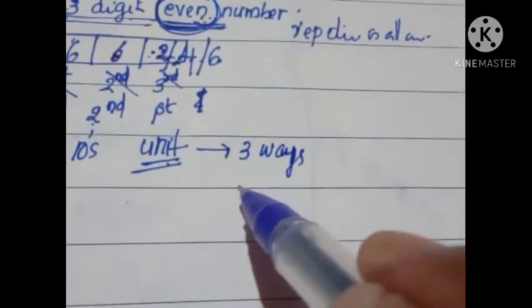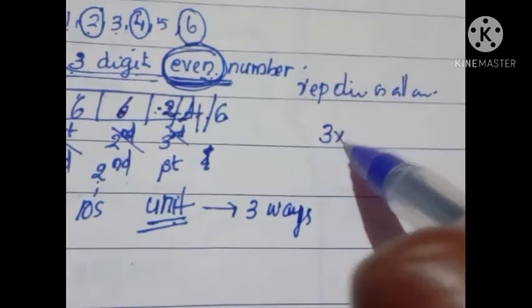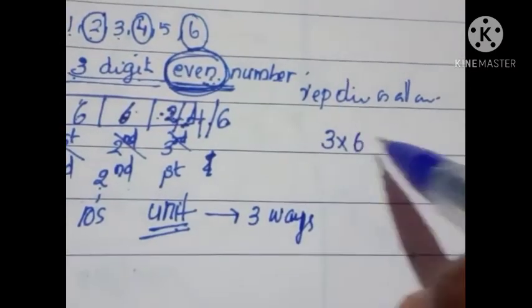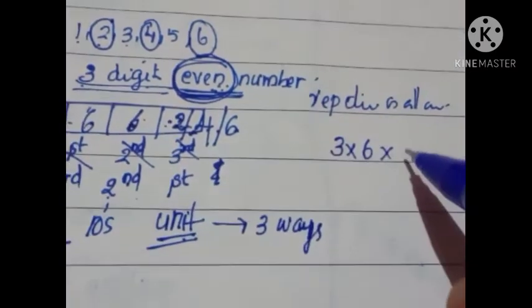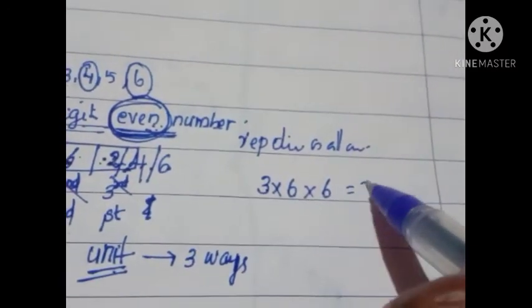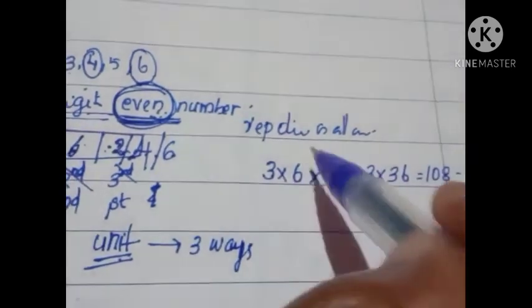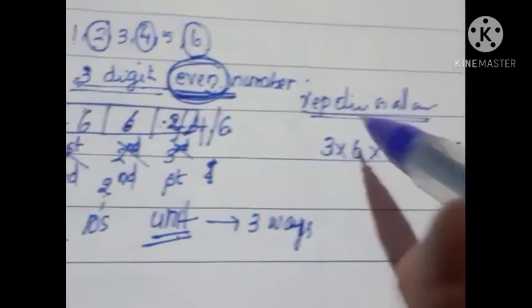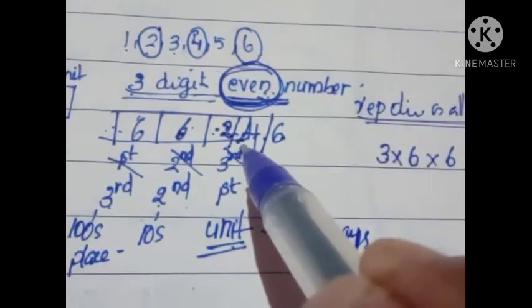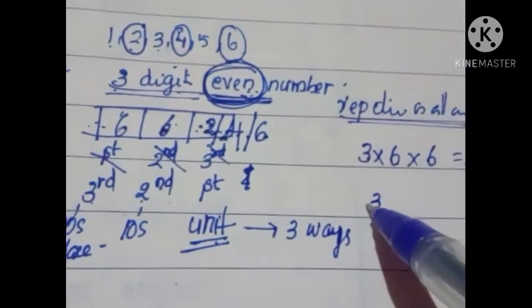So by the multiplication principle, the unit place can be filled in 3 ways, the second place in 6 ways, and the third place in 6 ways. So 3 into 6 into 6, that is 3 into 36, 108 ways.